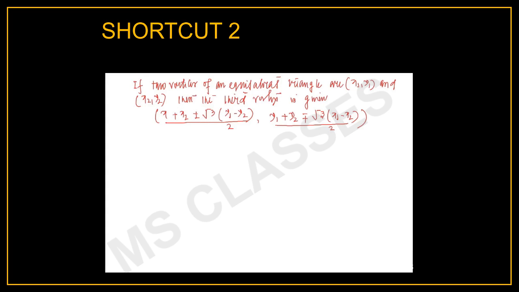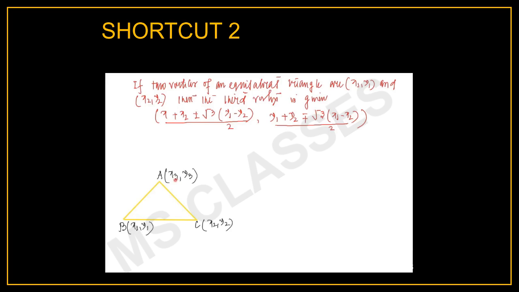Now here also, we have an equilateral triangle. We can see here that we have a vertex, here we have a vertex, and here we have a vertex. Now here I take the point (x1, y1), here I take the point (x2, y2), and the point A, which is (x3, y3). x3 represents this one, y3 represents this one.